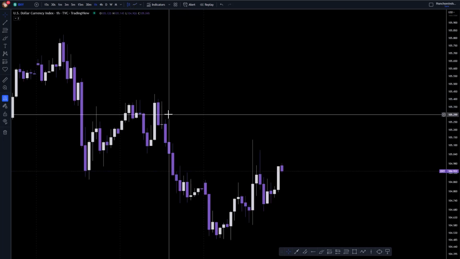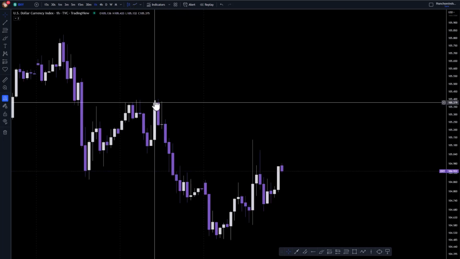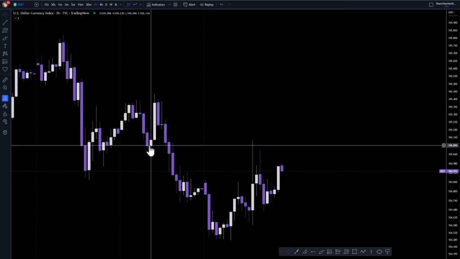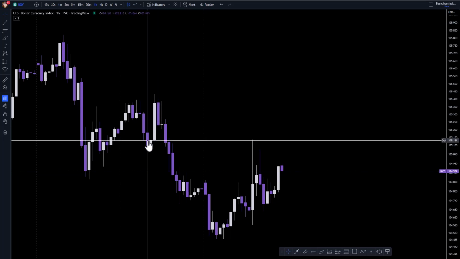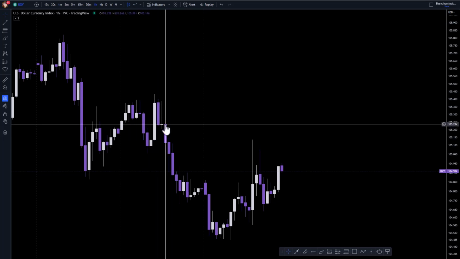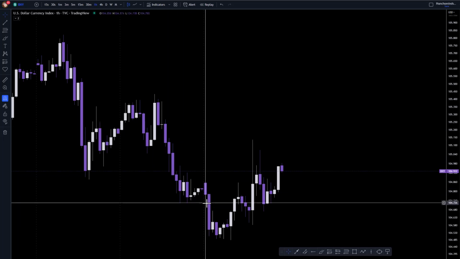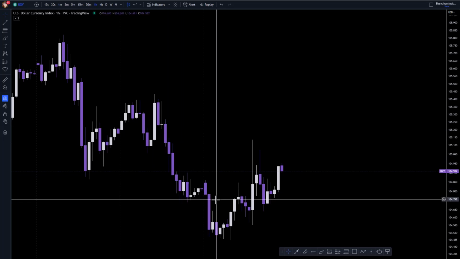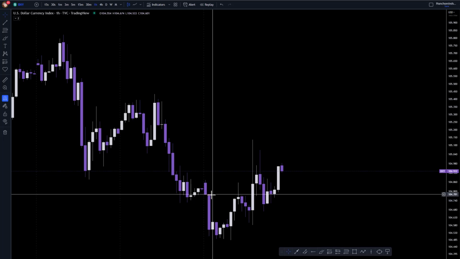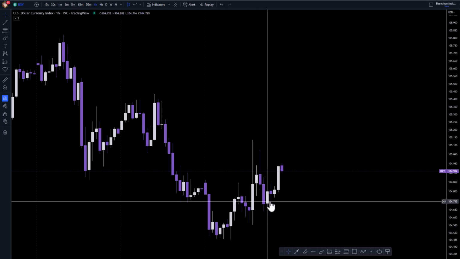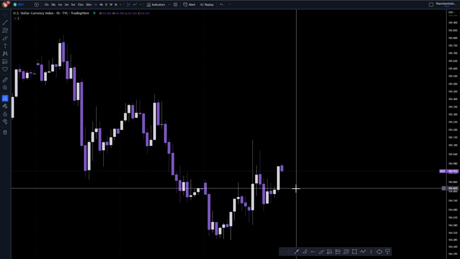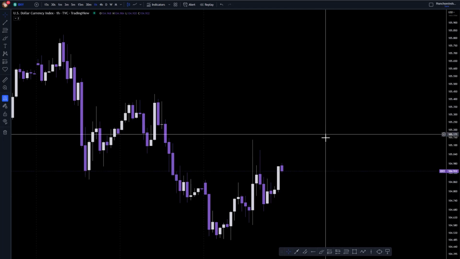That is because the wicks are just the highs and the lows, and the bodies are the open and closure of each candle, which I've been taught hold most of the volume of the candles. So let's dive into it.